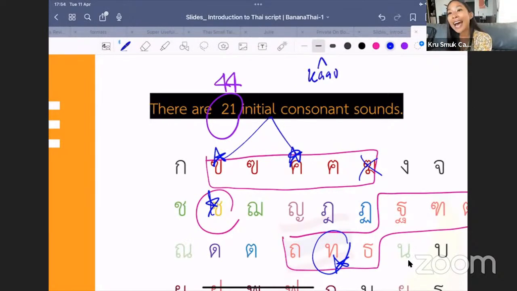Falling tone, cow. If it's a falling tone, what can it be? If it's ขอไข่, then it has to be with the mai toe. If it's คอควาย, cow like this one, then it doesn't make sense.